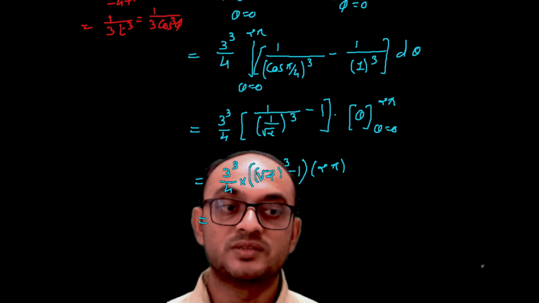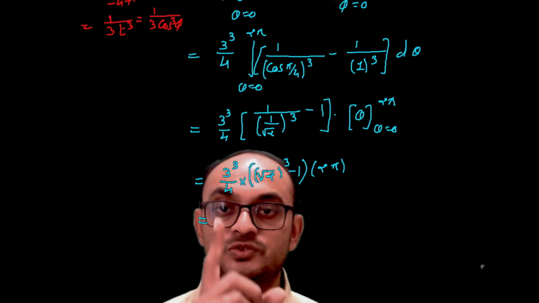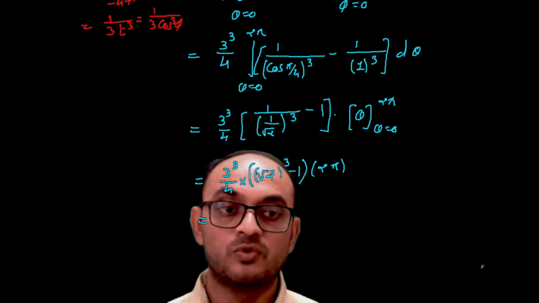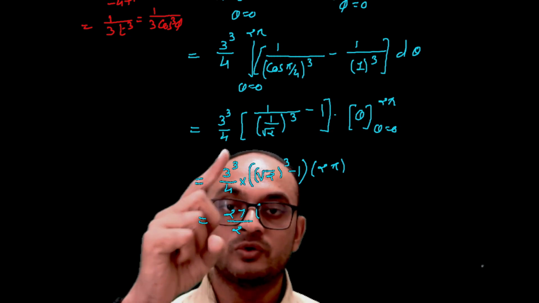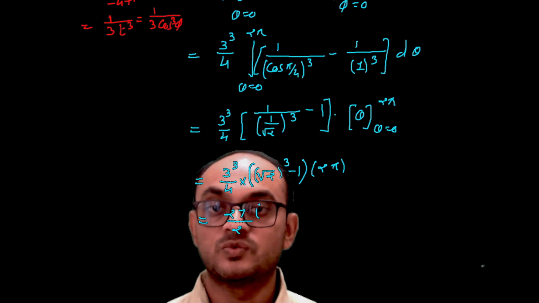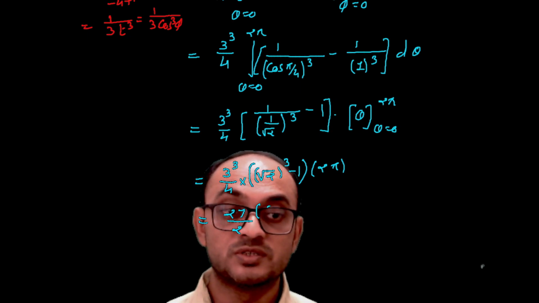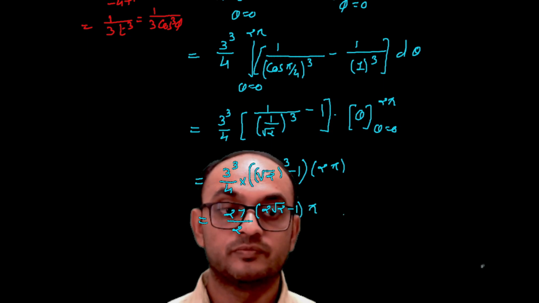If you want, you may simplify this quantity. This 2 will be cancelled out with this 4. So this is 3 cube is 27 divided by 2 into this quantity. Square root 2 cube, square root 2 square is 2. So this is 2 root 2 minus 1 into pi.